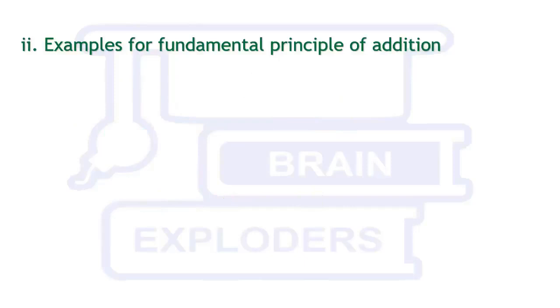Another example is formation of a number using 5, 4, 3, 2, 1. We have to make a number less than 1000 using the digits 5, 4, 3, 2 and 1. It is something different from the previous formation of number which we have just discussed.